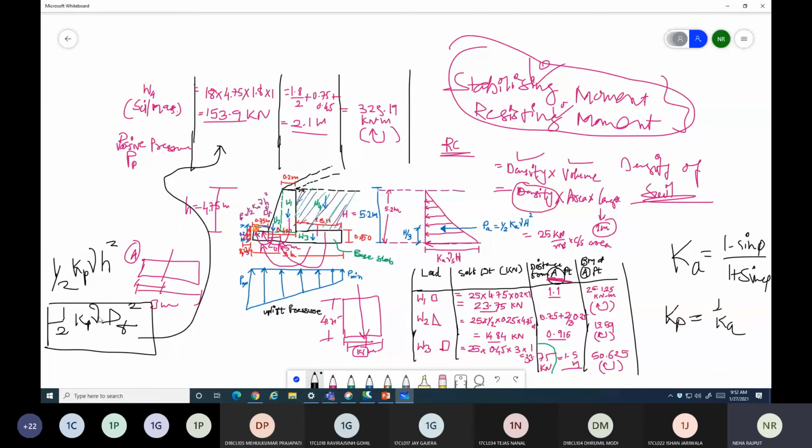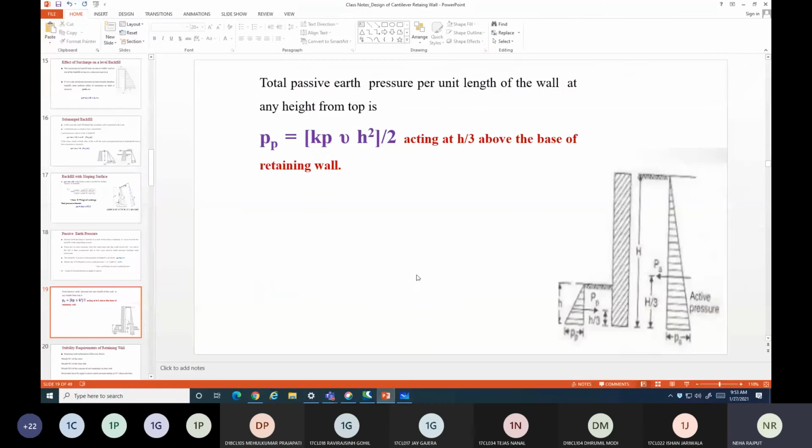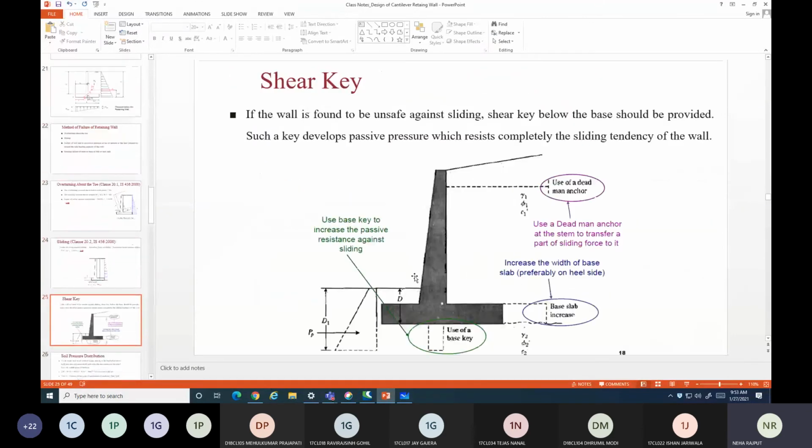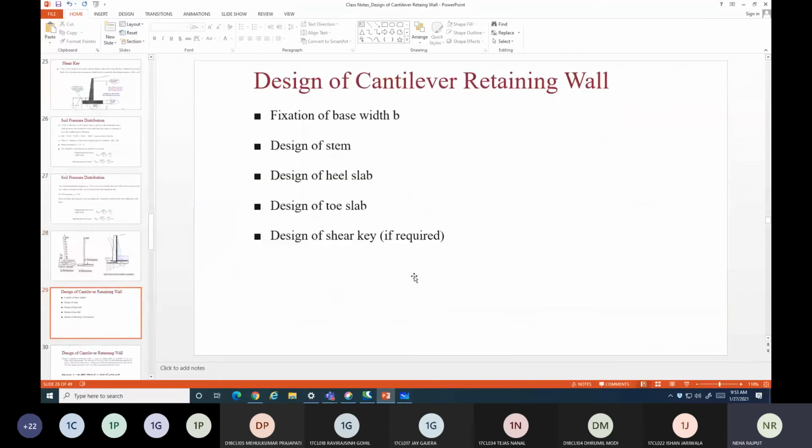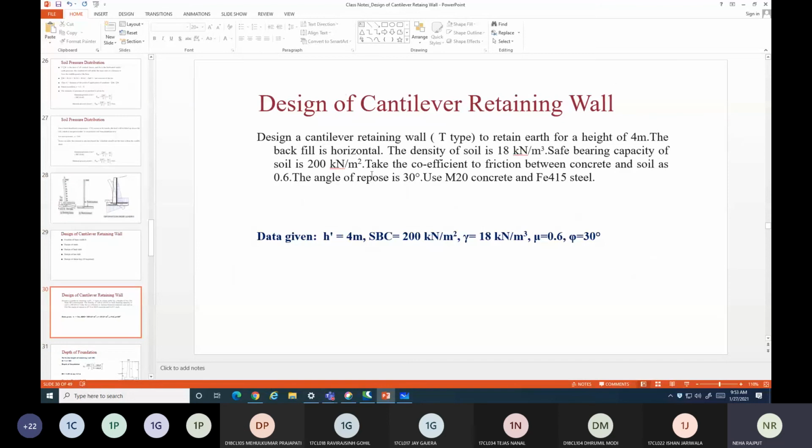So KP gamma means weight of the soil. Unit weight of soil is given as 18 kilonewton per meter cube.